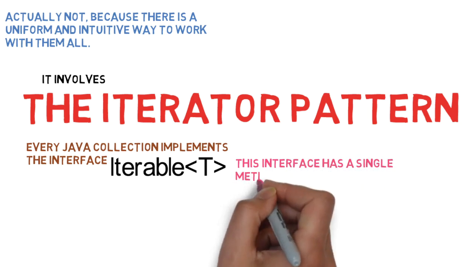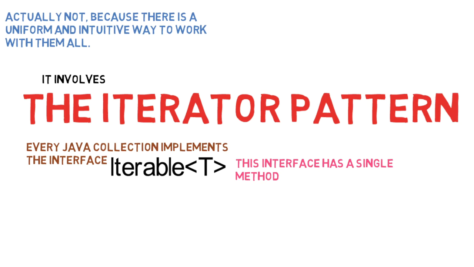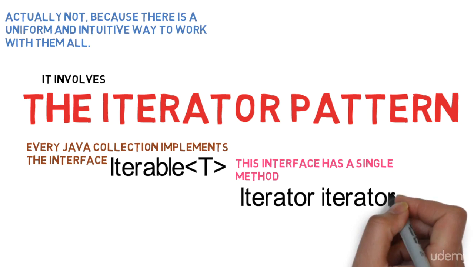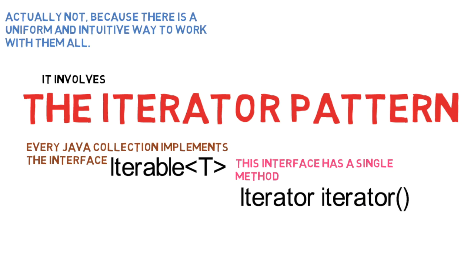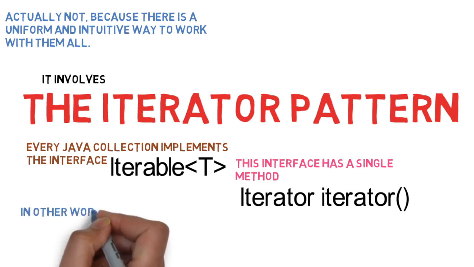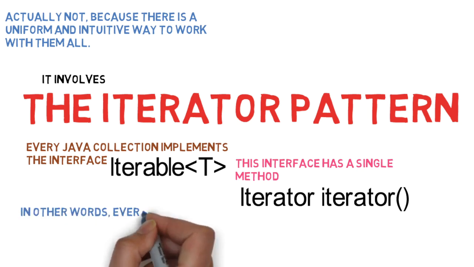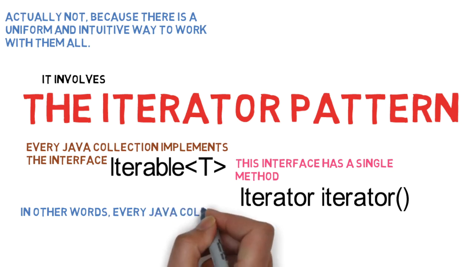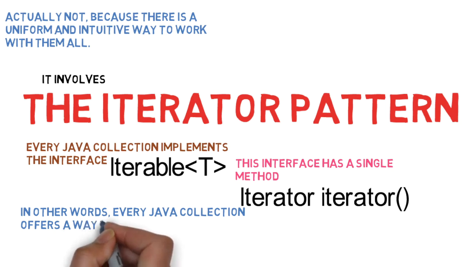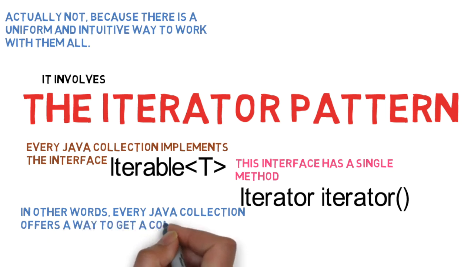And that one method is called iterator, and it returns an Iterator. So we have an Iterable<T> which has one method, iterator, which returns an Iterator. This means every Java collection offers a way to get a corresponding iterator object for that collection.